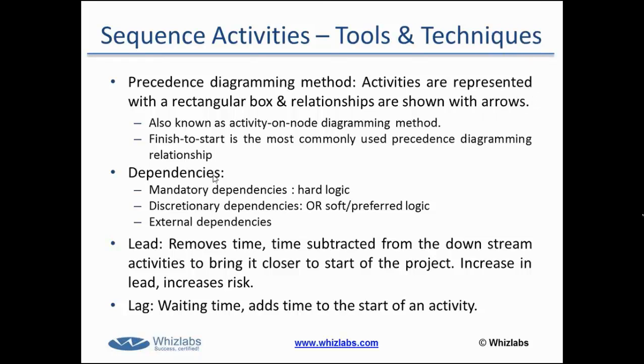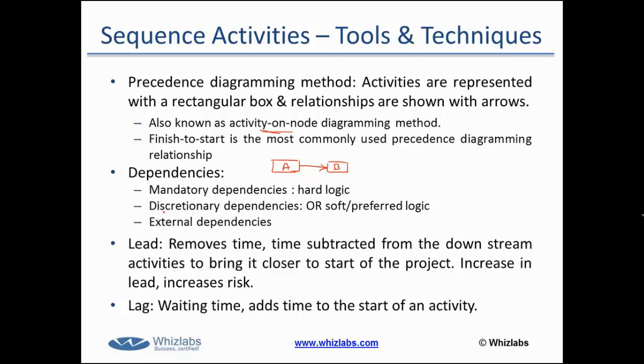It's also called activity on node diagramming method. Pretty simple. We would use boxes or nodes to represent activities, just like you saw in the previous diagram, and we would use arrows to show the dependency between activities. That's an example of precedence diagramming method, or it's also called activity on node diagramming method.